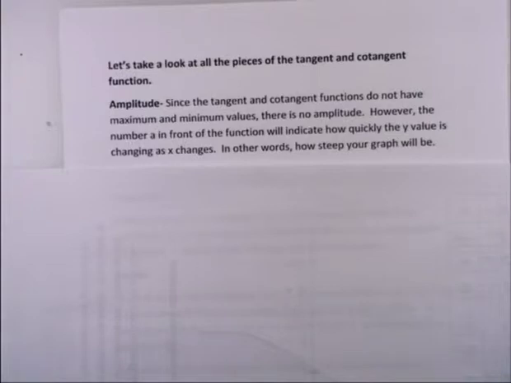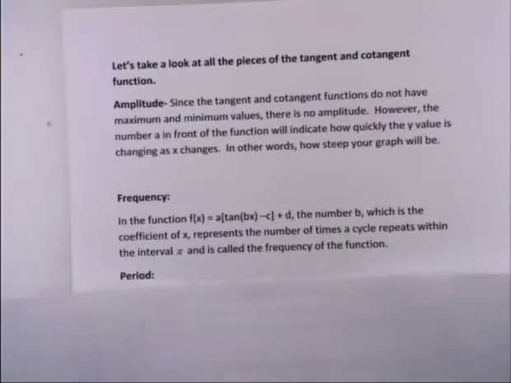If you'll notice on tangent and cotangent, you have a center point that's your intercept, and to the right and left of it, you usually have two other points on our increments. I like to call this the steepness of the graph. That number A in front will tell us how steep to put those second 2 points. Do I put them at 1, or have I got a bigger number? Maybe they need to be at 2 or 3. So we're still going to use A, but again, it's not really the amplitude anymore.